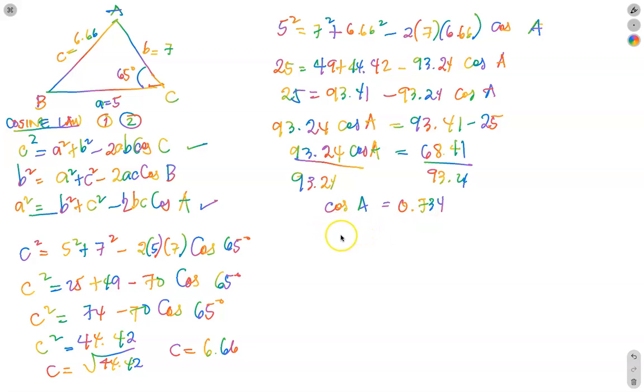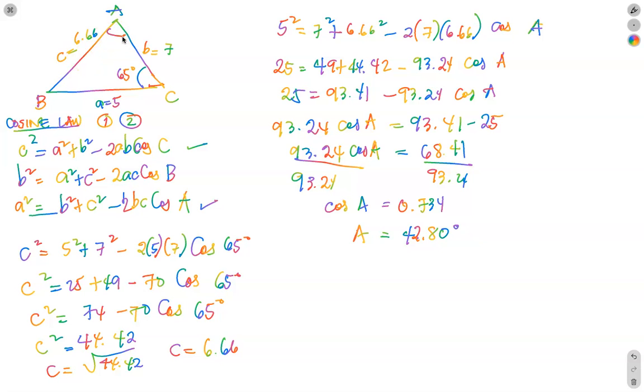So using our calculator, A is equal to 42.80, approximately 42.80 degrees. So we already have the value of A.